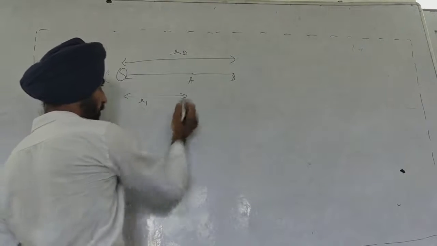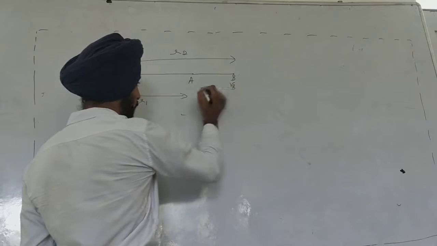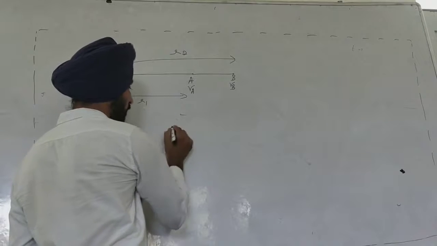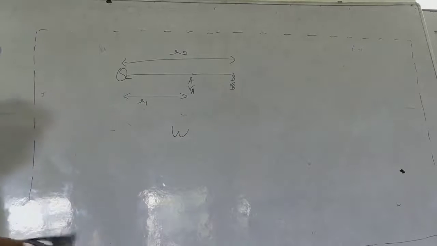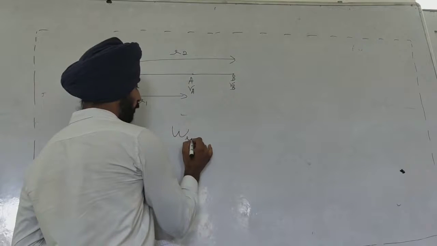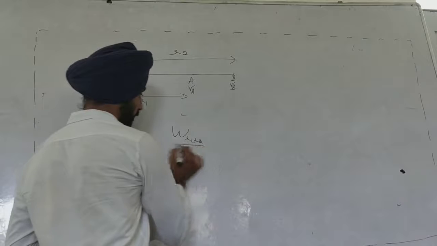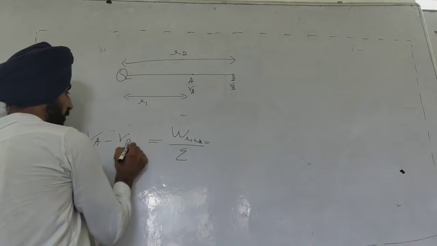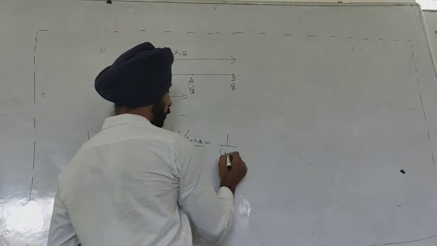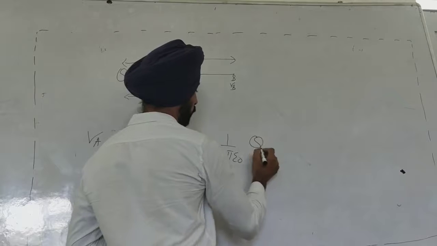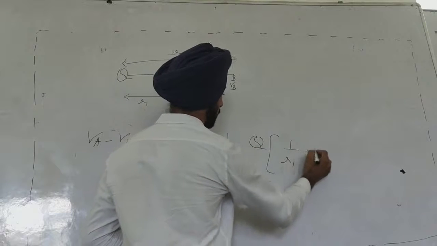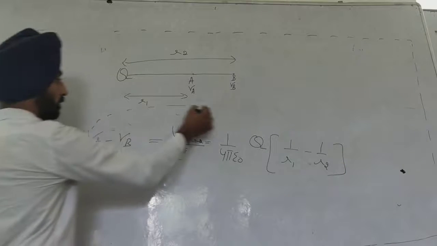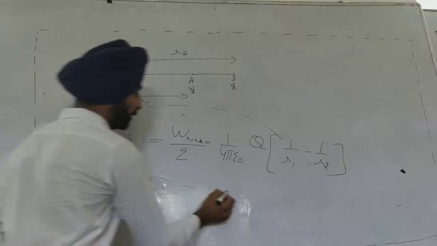So what will be the potential? There will be potential at B also, and there will be potential at A also. You will calculate the potential difference. That means the work done in order to carry the charge from r1 to r2 will be equal to the potential difference between 2 points, and it will be equal to 1 upon 4 pi epsilon naught q, 1 upon r1 minus 1 upon r2.